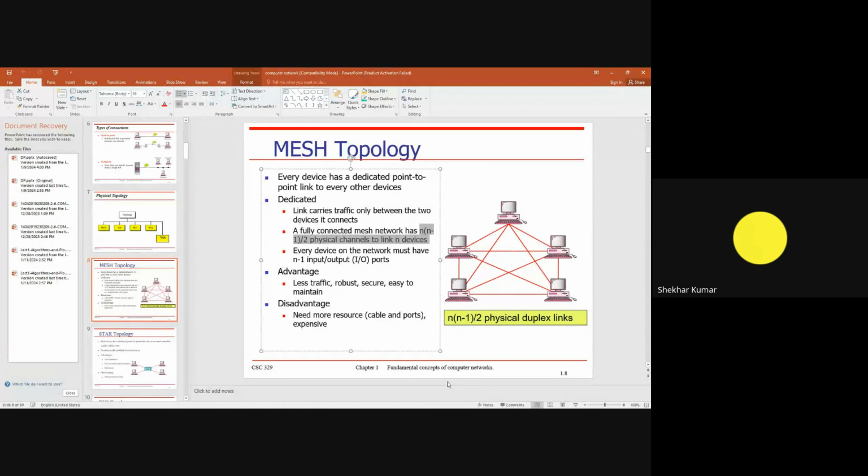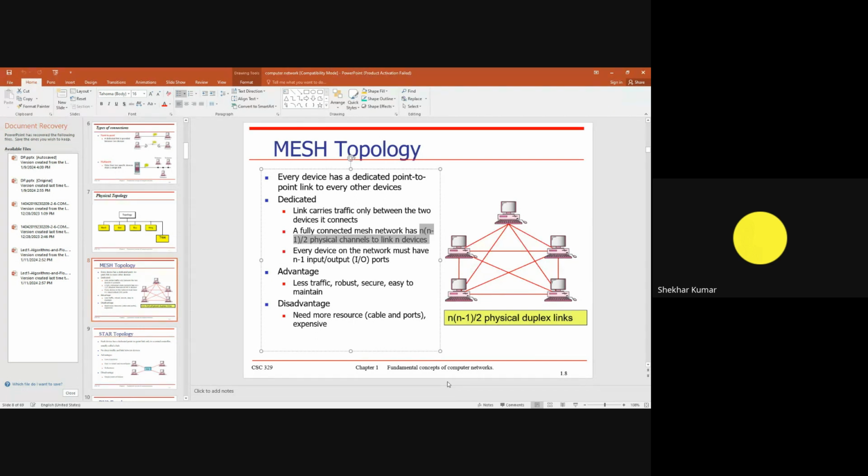Okay. So in the mesh topology, the maximum number of links, write your question here. So if there is a fully connected mesh topology, then there will be n into n minus 1 by 2 physical links with the n devices. But there must be some advantages and disadvantages.